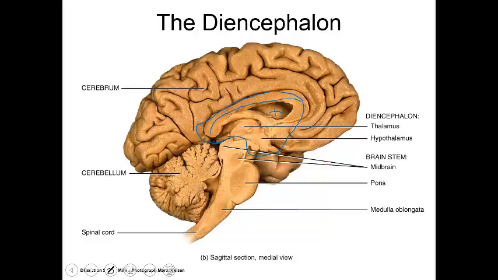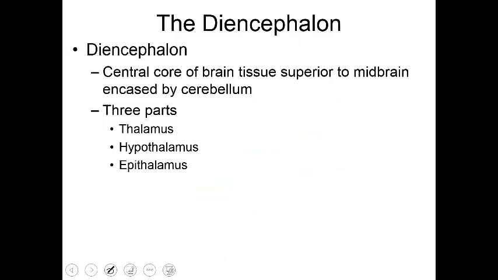It's like a thick sheet. And that is called the corpus callosum. The diencephalon encloses the thalamus. The region above the thalamus is referred to as the epithalamus, and the region below the thalamus is called the hypothalamus.